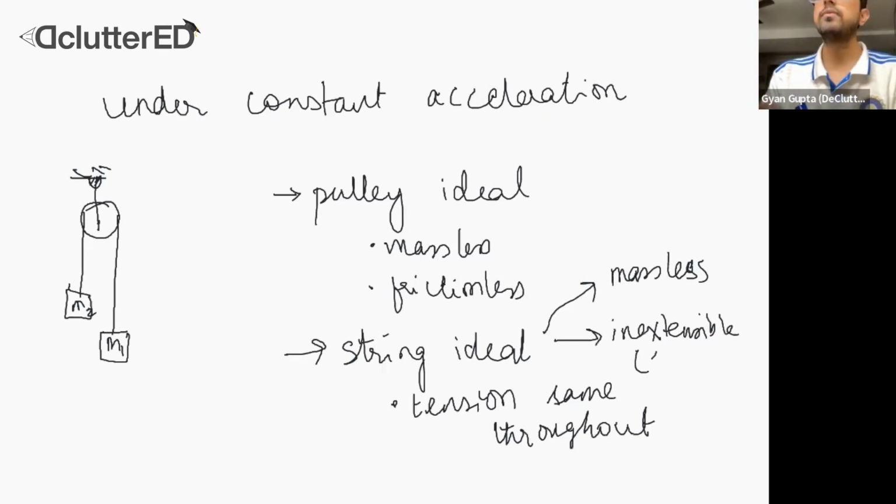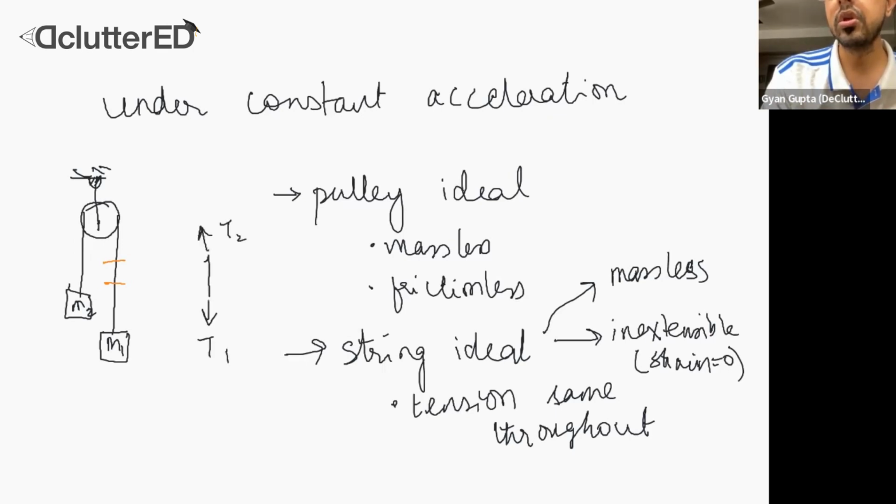And massless, essentially, if I take the free body diagram of a certain element, then viewing this element under a microscope will give me that T1 and T2, T1 is equal to T2 because mass of this portion L dash is 0.